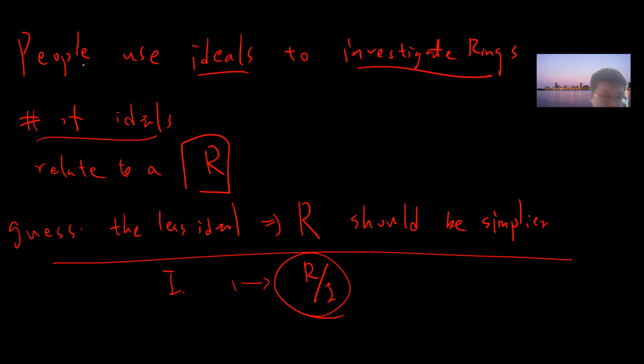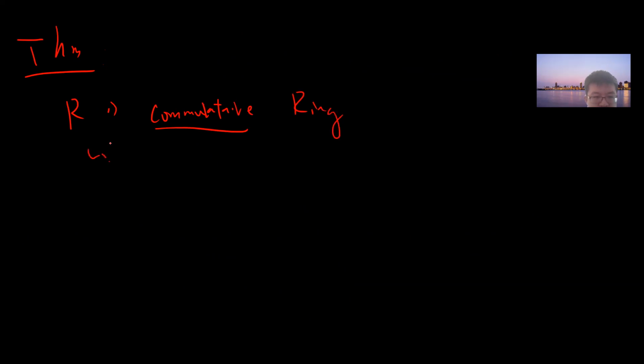Okay, so here comes the first theorem: R is a commutative ring. From here on, we always consider commutative rings with identity.